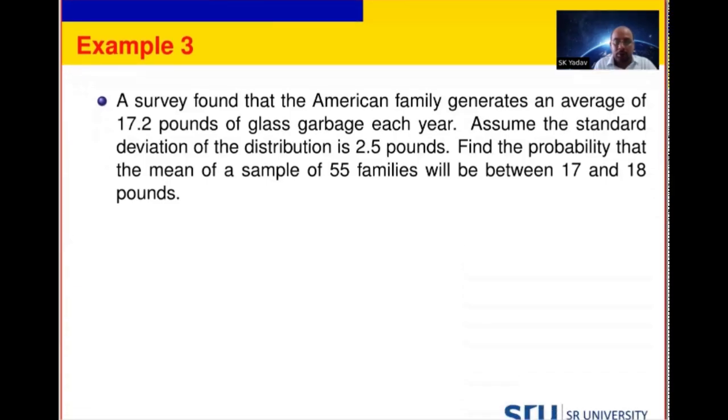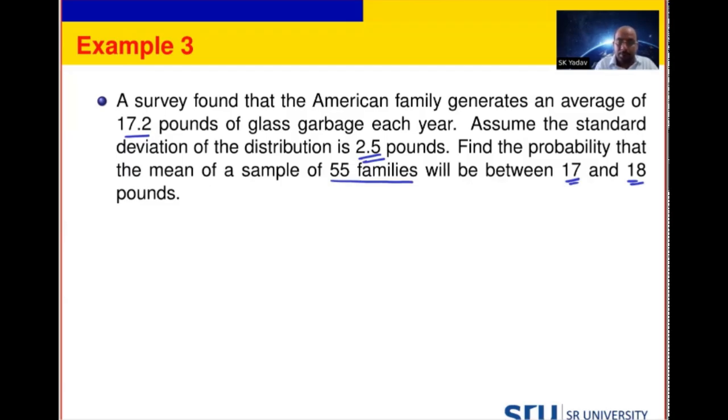And we have the next problem, problem number 3. A survey found that an American family generates an average of 17.2 pounds of glass garbage each year. Assume that the standard deviation of the distribution is 2.5 pounds. Find the probability that the mean of a sample of 55 families will be between 17 and 18 pounds.